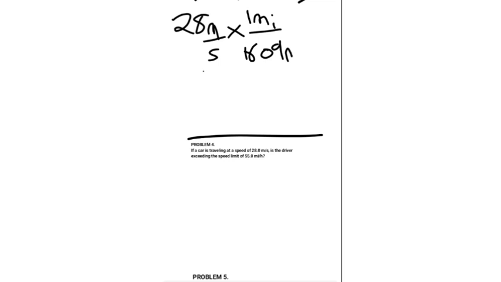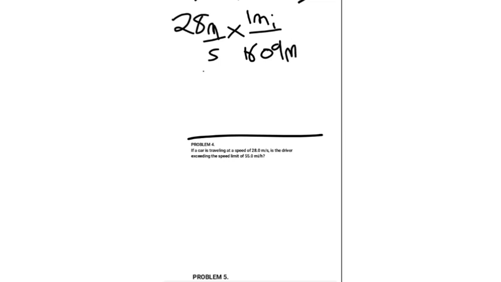So in this case then, we have 28 meters per second, and we know by fact that 1 mile gives 1609 meters. So let's first convert into this unit.